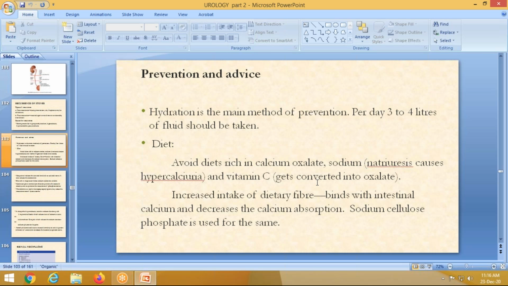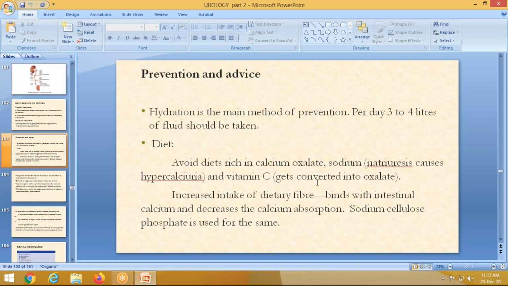Next, ask them to take dietary fiber. The diet should contain a large amount of fiber, so that should be advised. What is the advantage of dietary fiber? Dietary fiber binds with calcium and decreases calcium absorption.